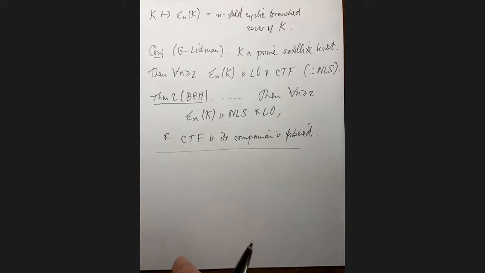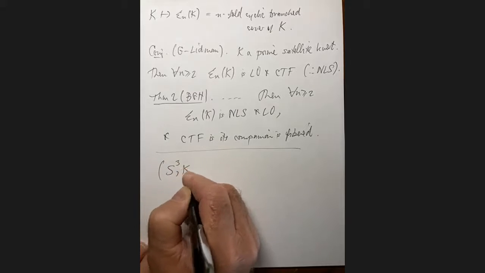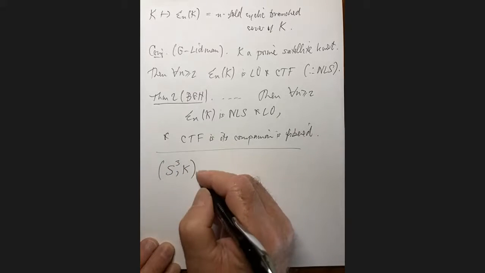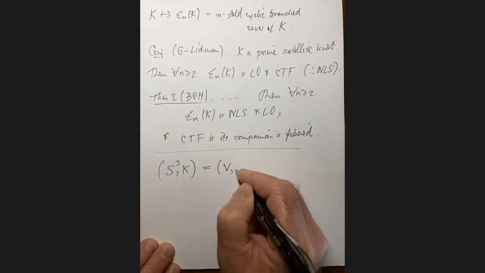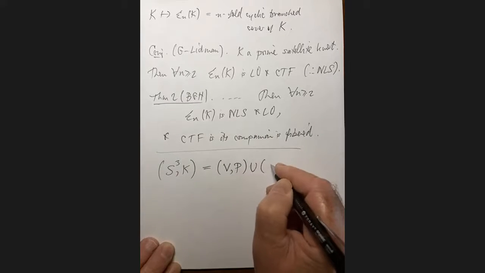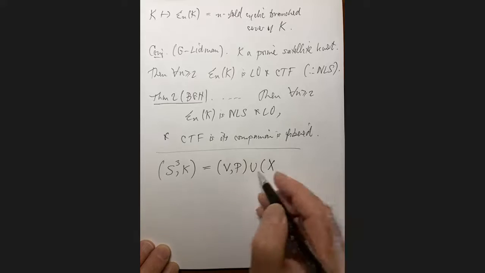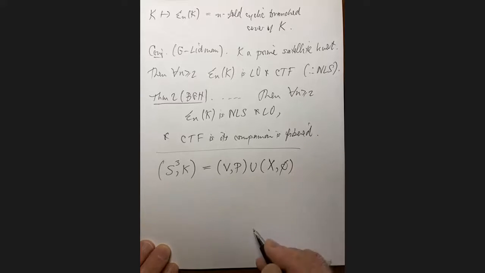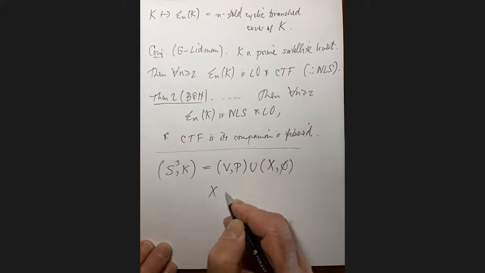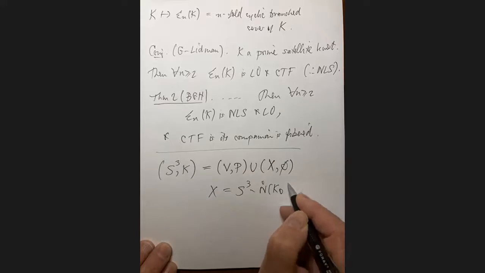Let me just very briefly say something about the proof. If we have a satellite knot K in S^3, remember we have this solid torus V, and then we have this pattern P in there, and then we're just sticking on the exterior of the knot K0 onto V, and I guess we're sticking the empty set onto P, and so X is just the exterior of the companion K0.